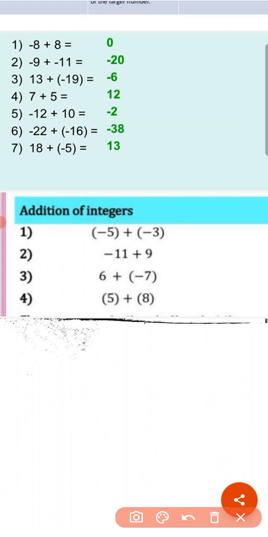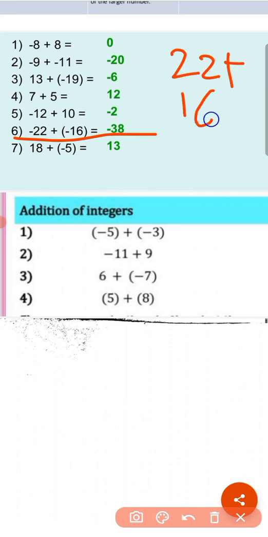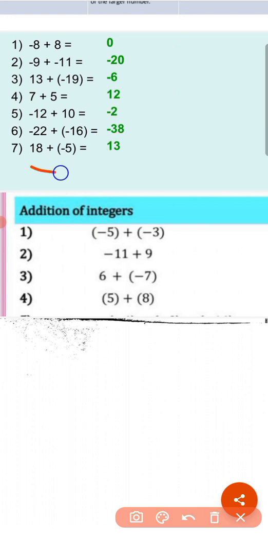Next question is negative 22 plus negative 16. Both are negative numbers. Follow the rules. Add and put negative sign. 22 plus 16, 38. Since both numbers are negative, our answer is also negative. Negative 38. Okay. Then in this question, 18 plus negative 5.